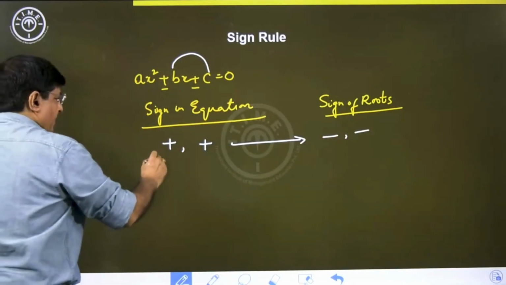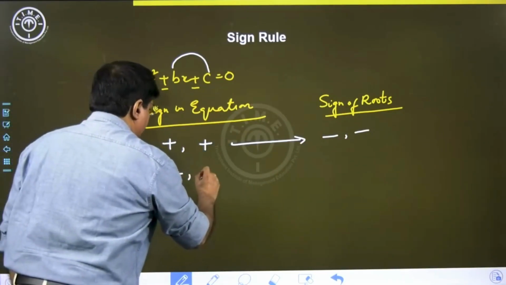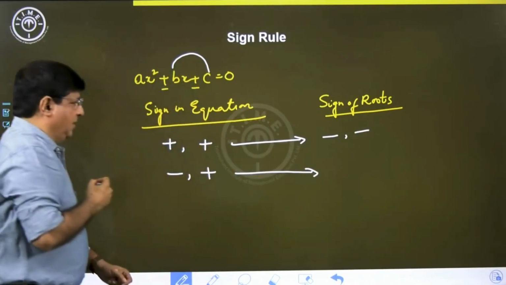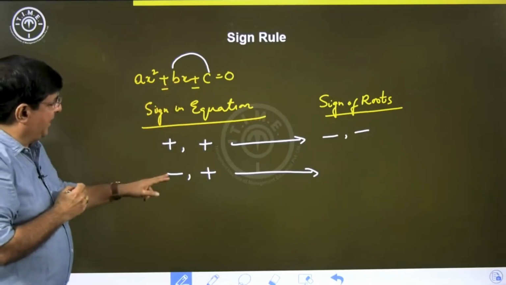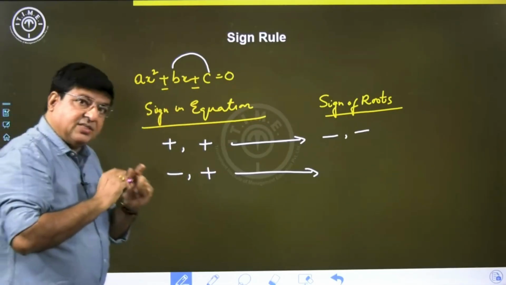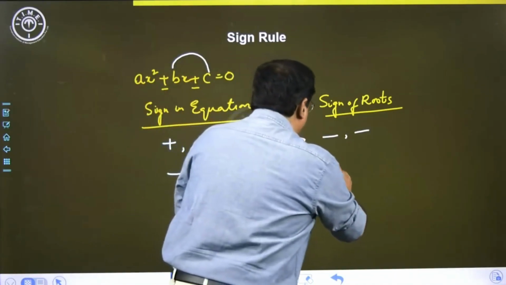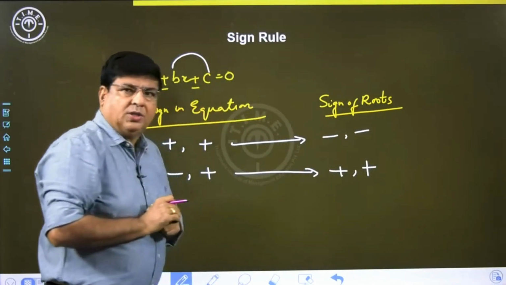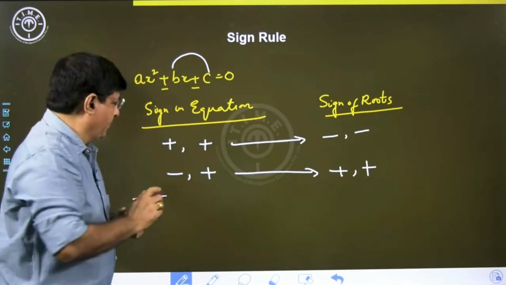Second case, minus plus. Sign of B is minus, sign of C is plus, the sign of roots will be, both will be plus. Both the roots will be plus.